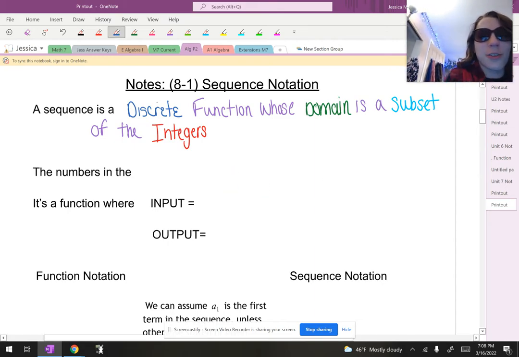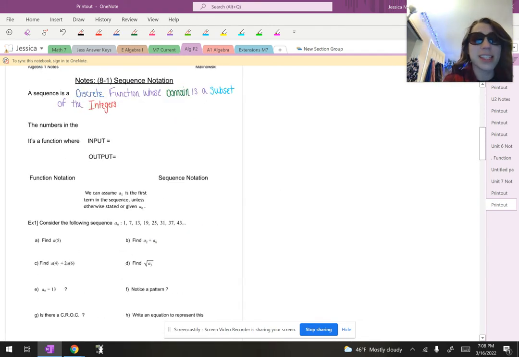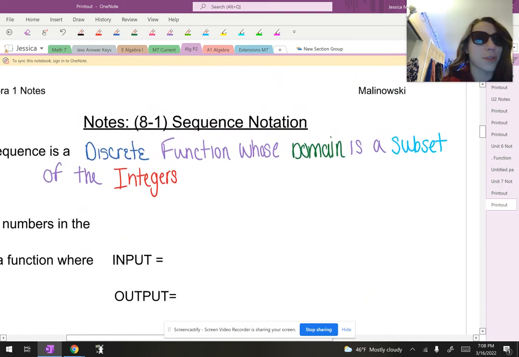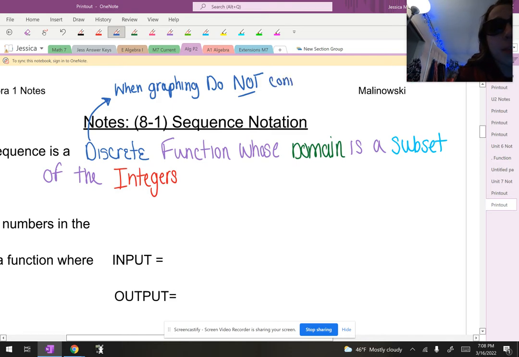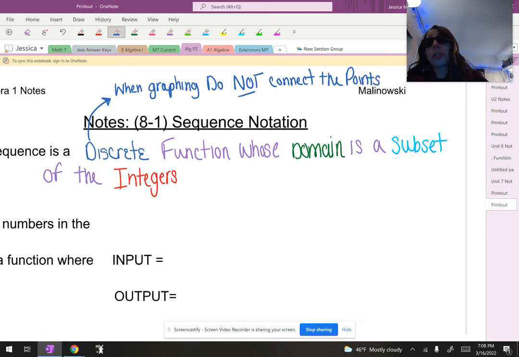Okay. So discrete. The big thing that you want to know about discrete is that when you're dealing with a discrete function, what that means is that when you're graphing this, and I'm putting this right at the top of the page for a reason, you do not connect the points, which is kind of crazy because your whole life you've been connecting points and you're not now.